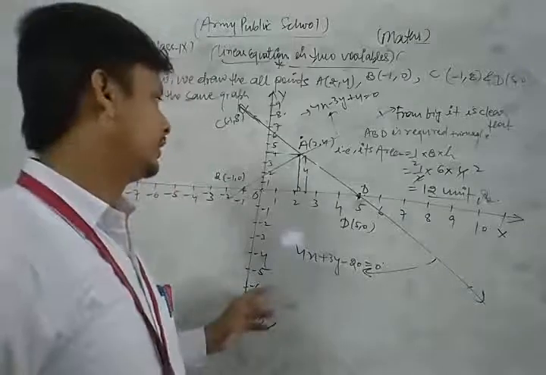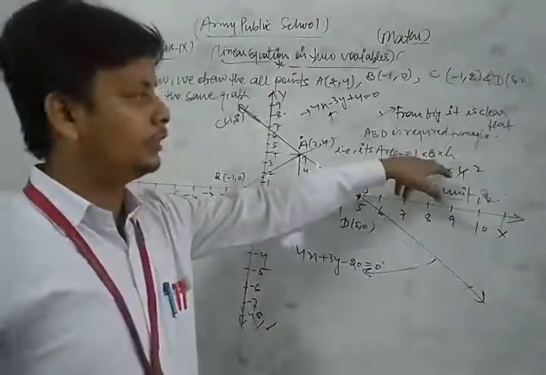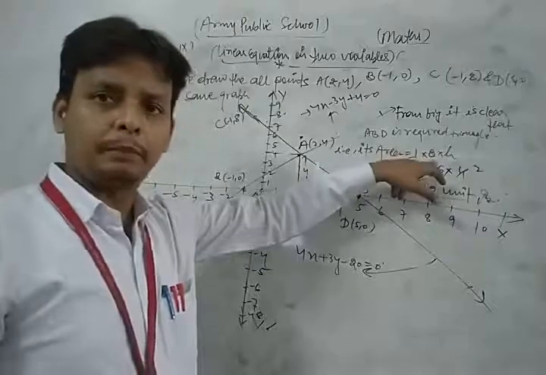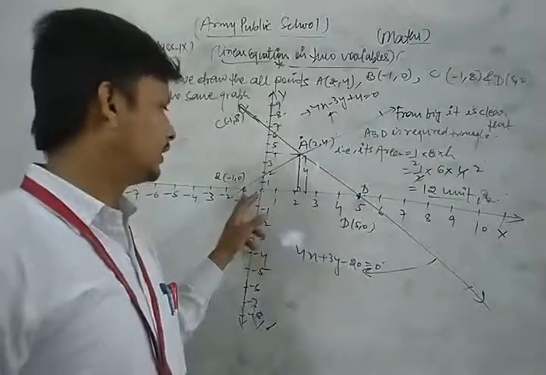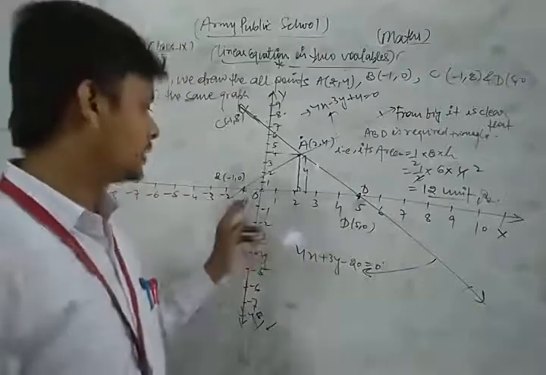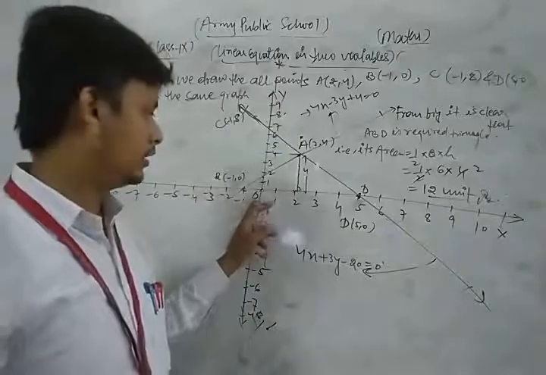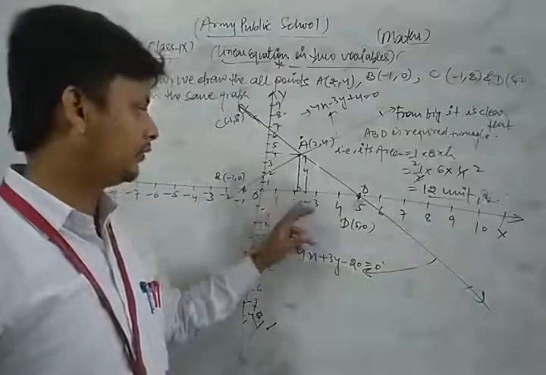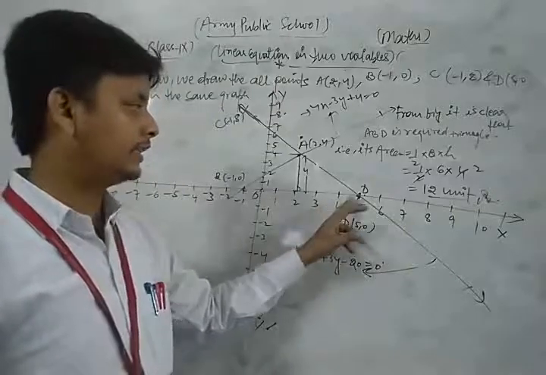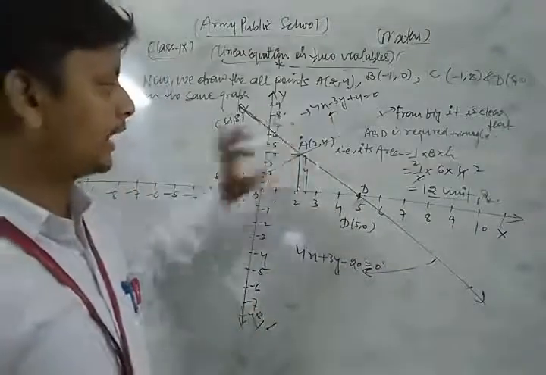Okay, so here 1/2 into base. Base is what? Distance can never be taken as negative. One important thing is that here distance can never be taken as negative. So we get 1 unit, 2 units, 3, 4, 5 and 6 units. So the base is 6 and the perpendicular height is 4.